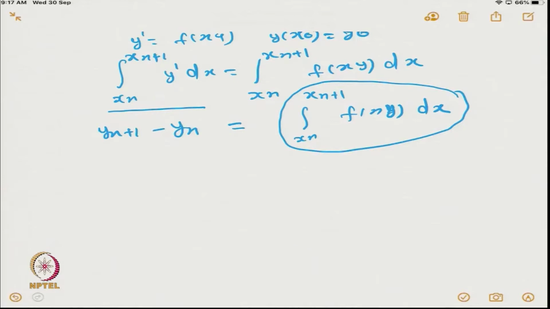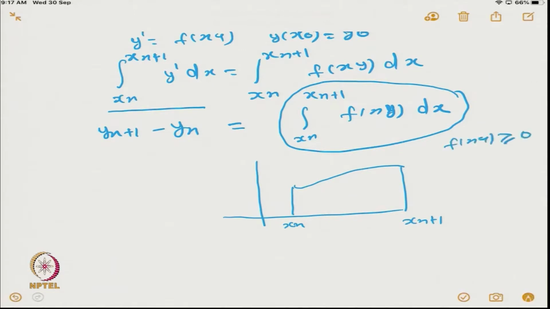So, basically I want to integrate, suppose this is my function f(x,y), from xn to xn plus 1. Just for simplicity, let us say this is positive.